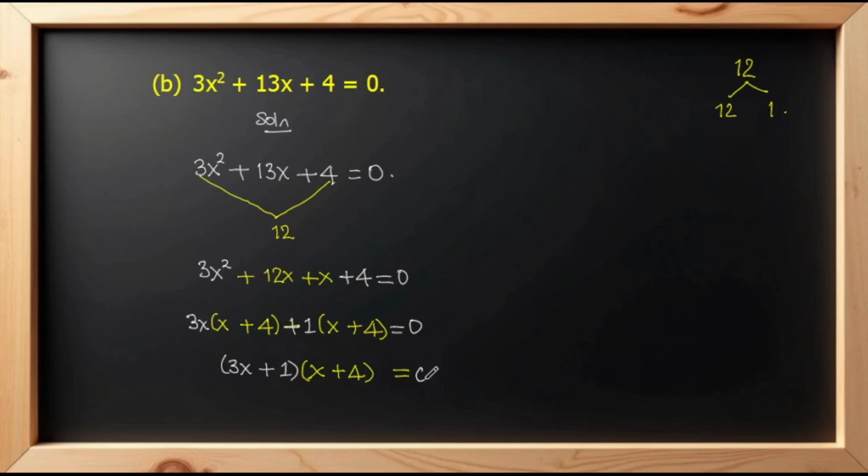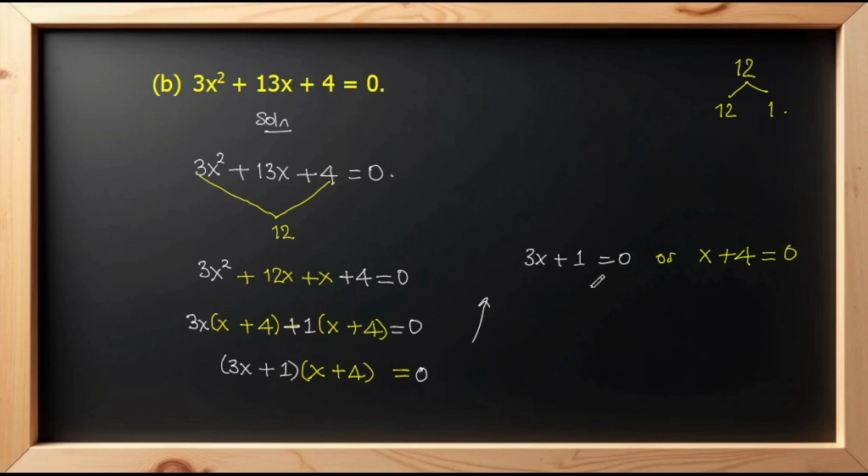So we can again go ahead and solve this one down and say, maybe we can put it up here and say either 3x plus 1 equals 0, or x plus 4 equals 0.